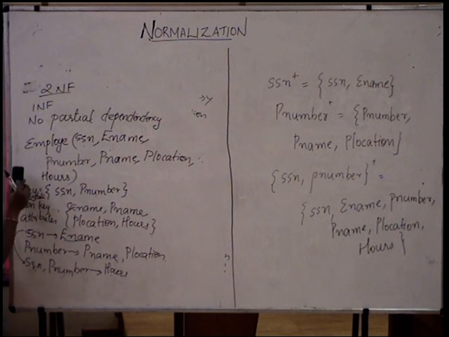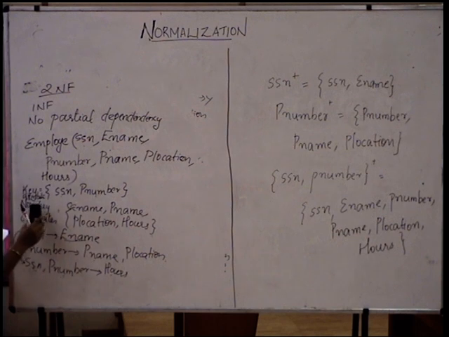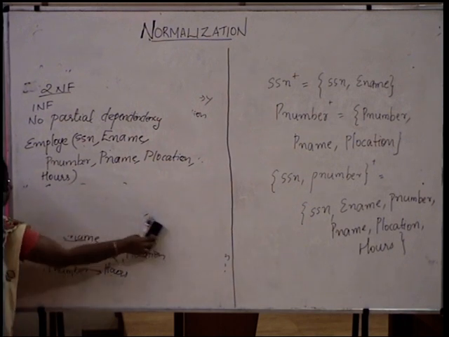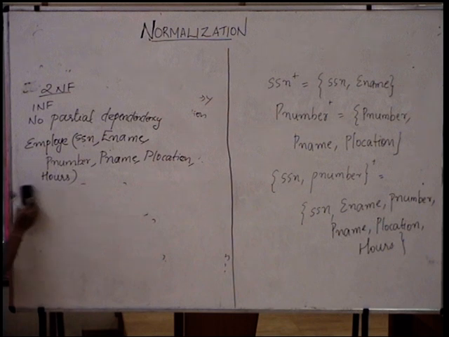So second normal form says the table is already in first normal form and has no partial dependency. So in this table, to eliminate this partial dependency, we will decompose the table into different tables.